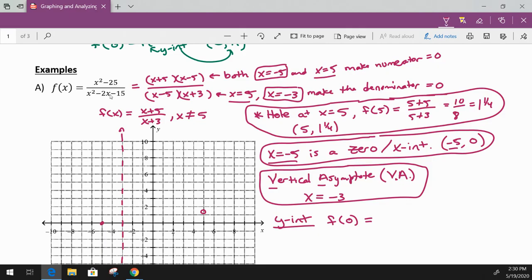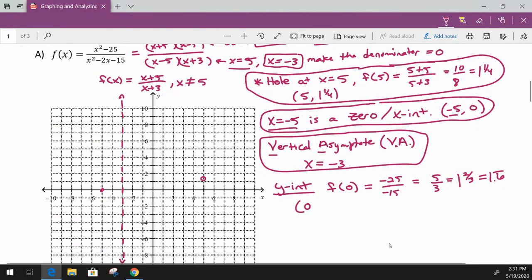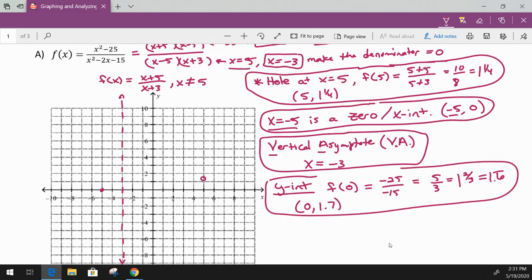So you would have -25 over -15, or if you looked at the simplified rational function, you would have 5 over 3, which is exactly what -25 over -15 would reduce to. So if we're graphing this, it would be 1 2/3 or 1.6 repeating. But I'm going to just round it to 1.7. So that is your y-intercept. So (0, 1.7) is approximately right there.